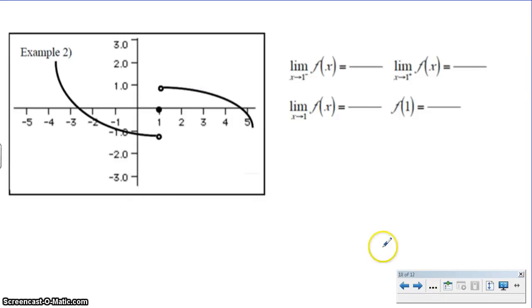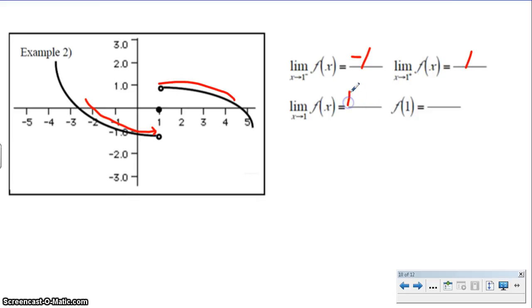Let's try another one. Again, limit as x approaches 1 from the left. So as you're coming in from the left, here's our x value of 1. We're going to approximate that to be a negative 1, even though it's slightly below. Let's just assume that's a negative 1. Now when I'm looking at it from the right-hand side, as I'm coming in from the right to get to my x value of 1, I'm up here at positive 1.